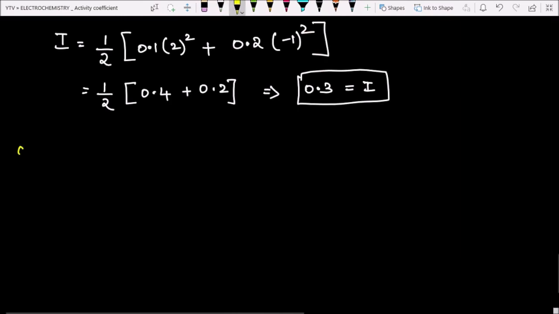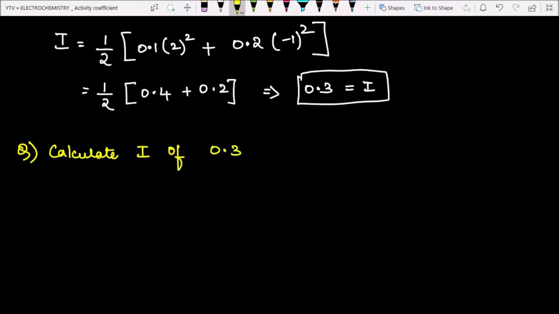Say, for example, I am giving you a question: calculate the ionic strength of 0.3 molar calcium chloride and 0.2 molar aluminium chloride, which means we have a mixture now.